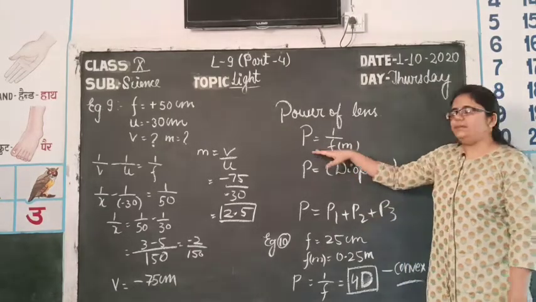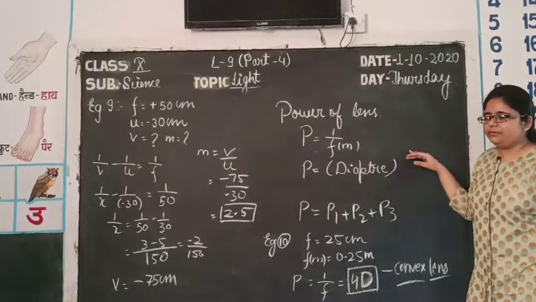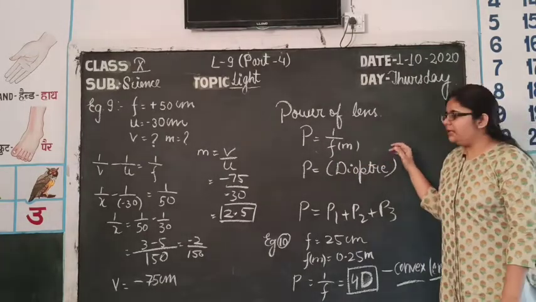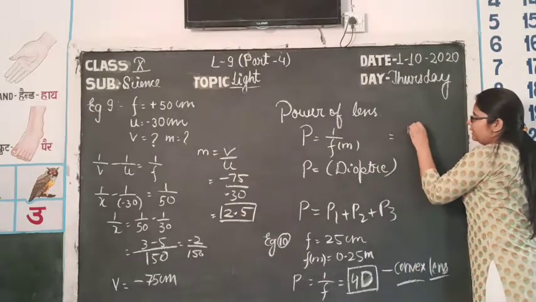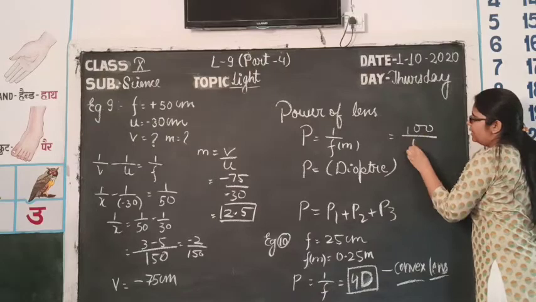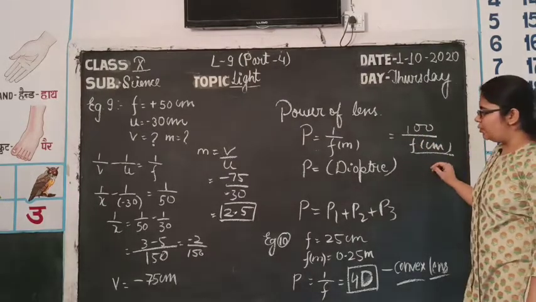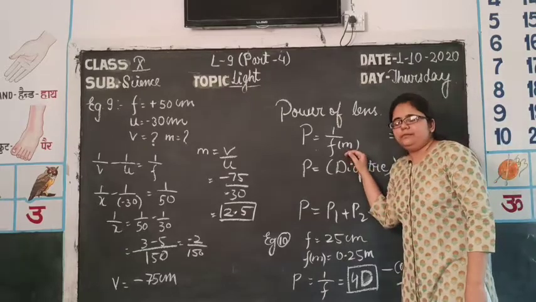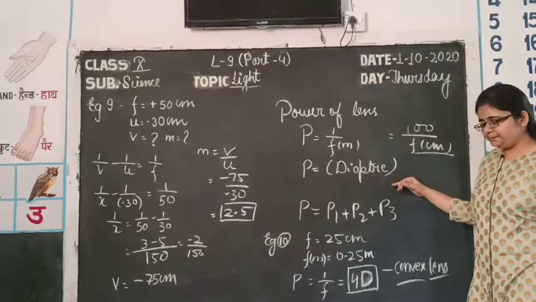For calculating the power, we must put the focal length in terms of meter. We can't calculate the power in terms of centimeter. If you have to calculate it in terms of centimeter, then you will write the formula 100 upon focal length in centimeter. If focal length is in meter, then the unit of power is known as diopter.